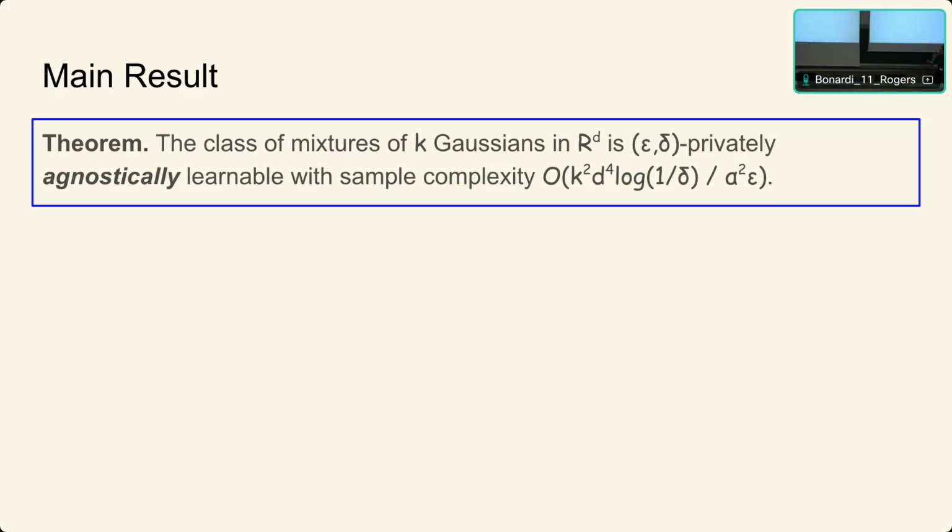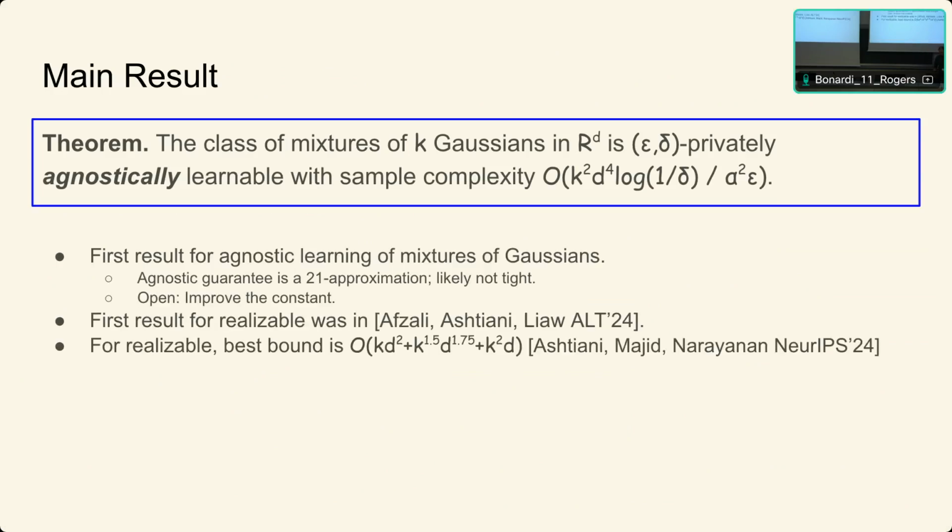This is likely not optimized, but it's the first polynomial result in the agnostic setting. And just as a reminder, in the agnostic setting, we're trying to get a constant approximation to the best distribution in the class. Here we get a 21 approximation, so this is likely not tight. And so an open question I'll mention here is that you can probably improve this constant.